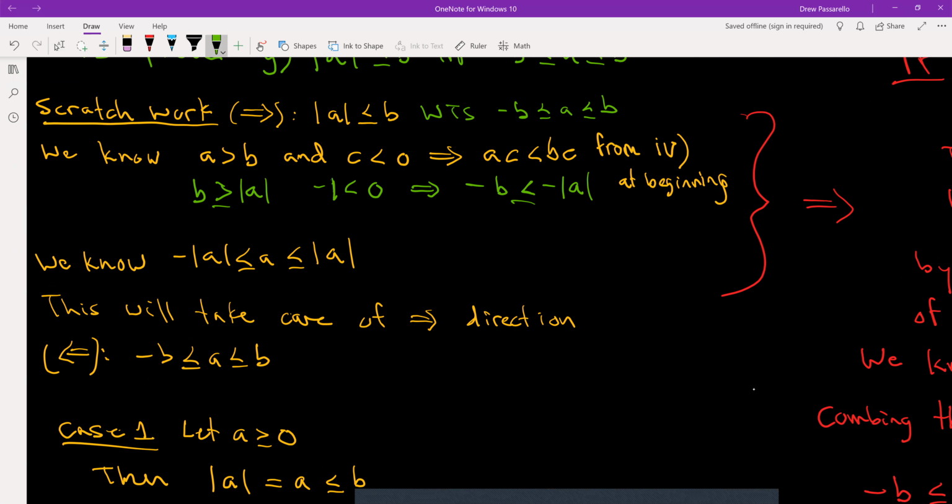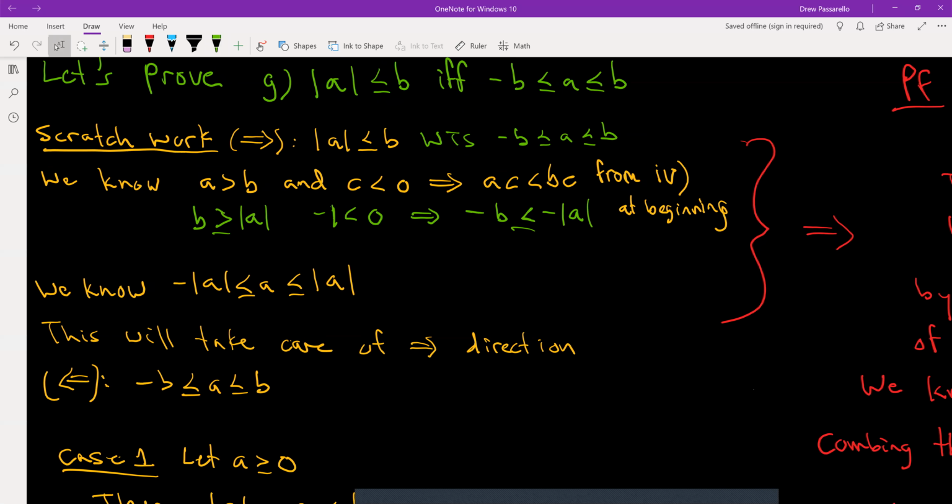Well, we have the assumption that the absolute value of A is less than or equal to B. That's basically the same thing as B being greater than or equal to the absolute value of A. So if we think of B in place of A, and the absolute value of A in place of B, and we use -1 as a number C that's less than 0, then multiplying both sides by -1 reverses the inequality.